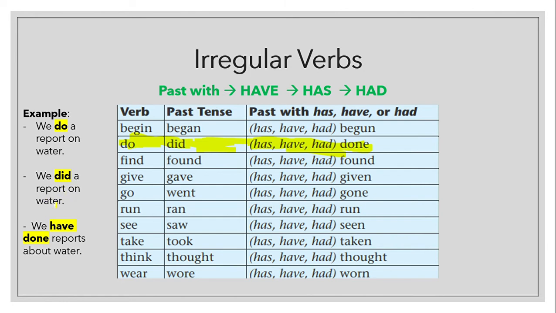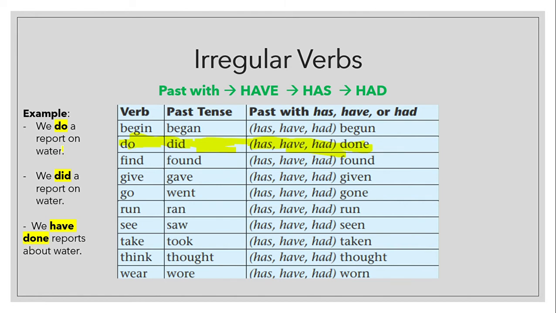Now in the sentence, there is the helping verb have. We have done. I will choose done because before the verb I have the word have. Okay? So have done. Have is followed by a verb, and this verb has been changed to done.